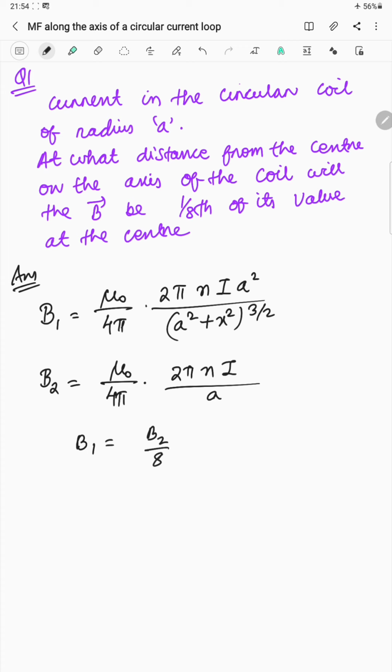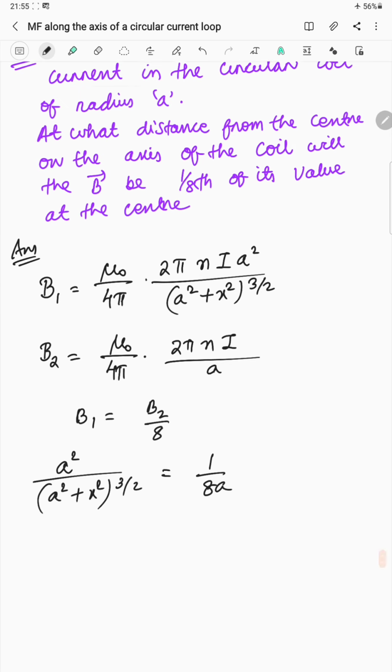If you substitute the values, mu naught by 4 pi gets cancelled out, 2 pi gets cancelled out, nI gets cancelled out. So what is left out? In B1, what is left is a square divided by (a square plus x square) to the power 3 by 2. On the other side, B2 is left with 1 by a, so 1 by 8a. Now let us solve this.